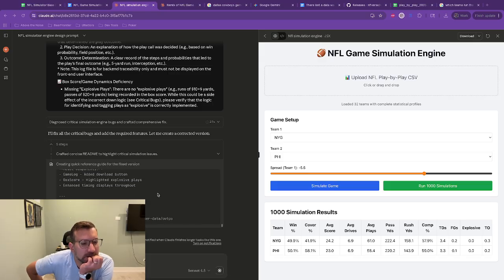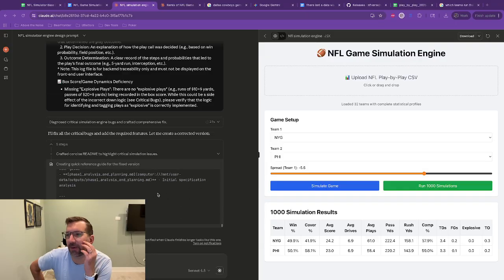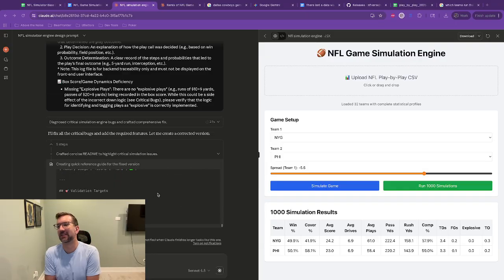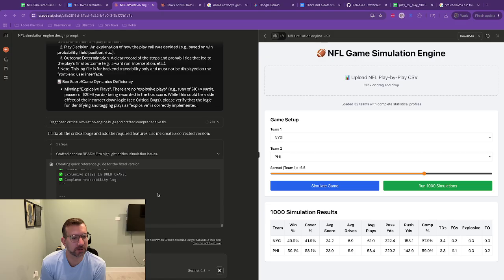Like a quick reference guide. I wonder if it references its reference guides again. Maybe this is a situation where I take it into a spun-up project with a little Git repo.